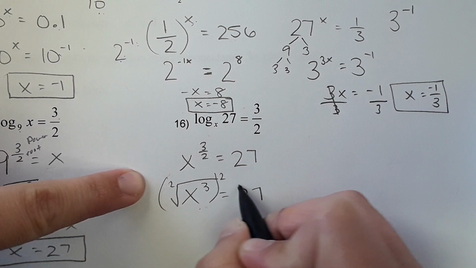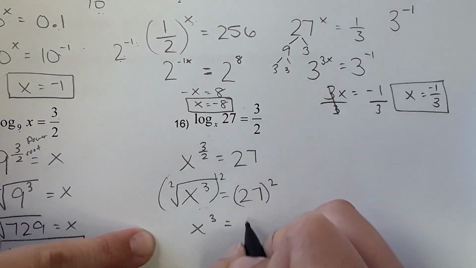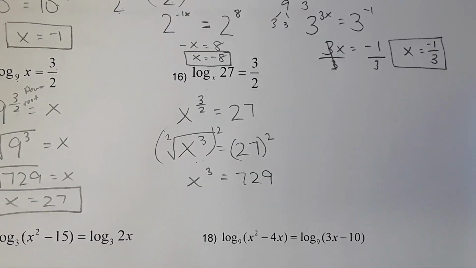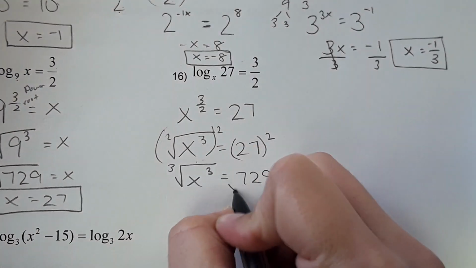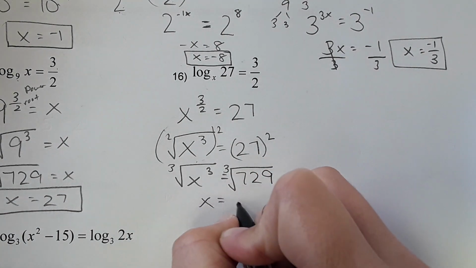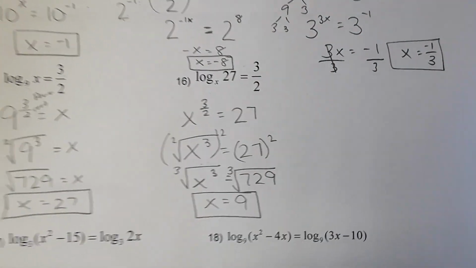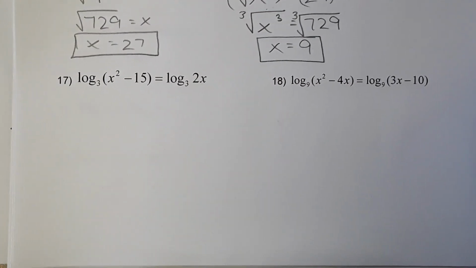First by squaring both sides. Then take the cube root of both sides. So honestly, these last two are probably easier and will feel less new than all the other ones.